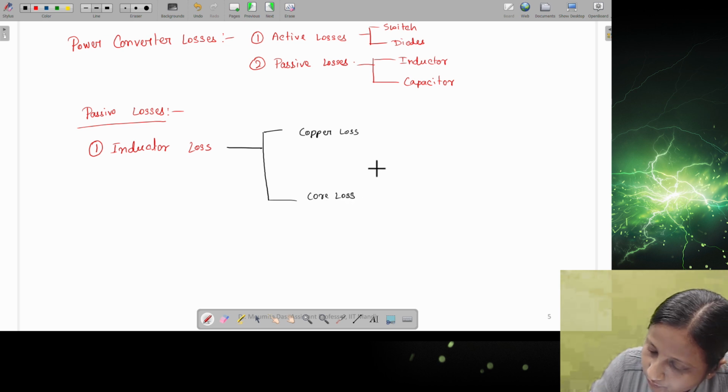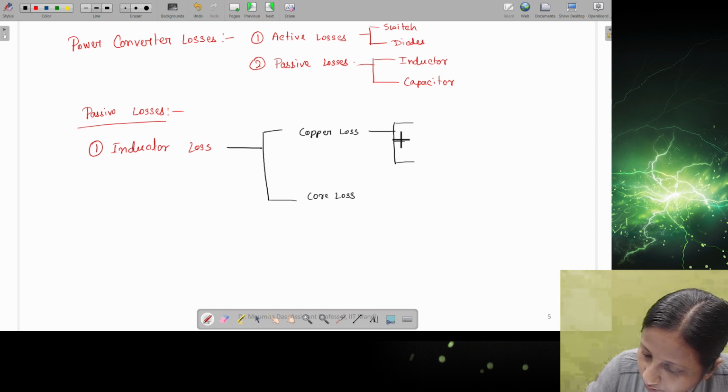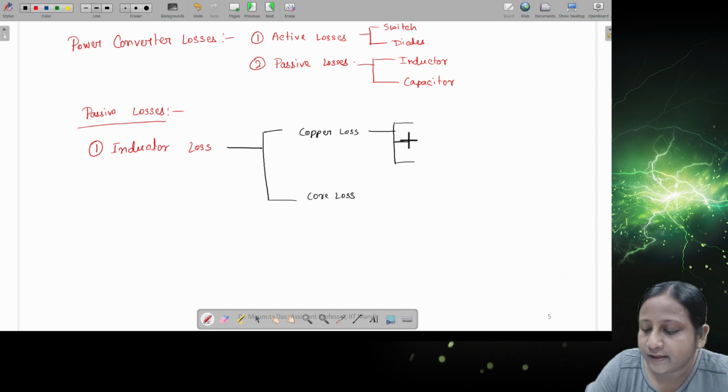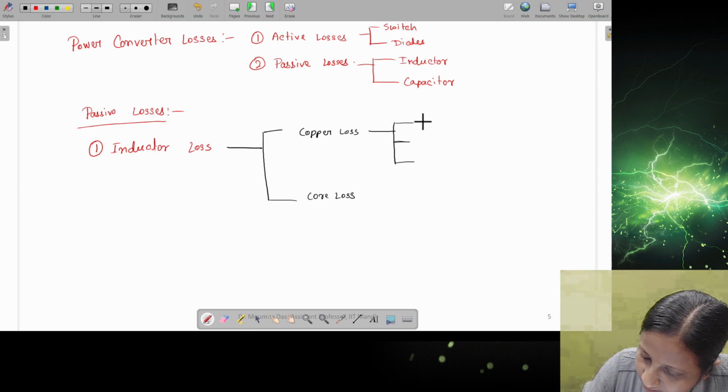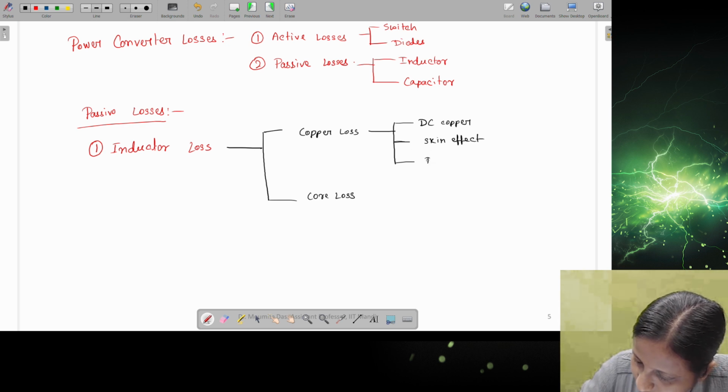Again, you can go to the basics of how to calculate the different copper and core losses in magnetics. Copper losses you can find out: basically DC copper loss, then skin effect and proximity effect.